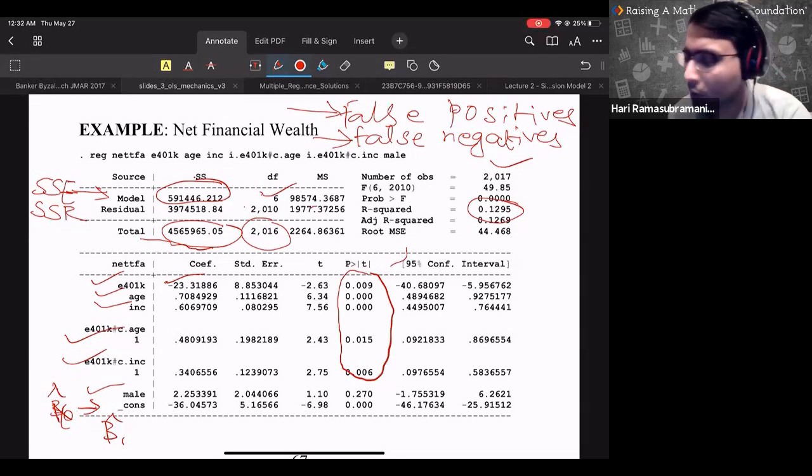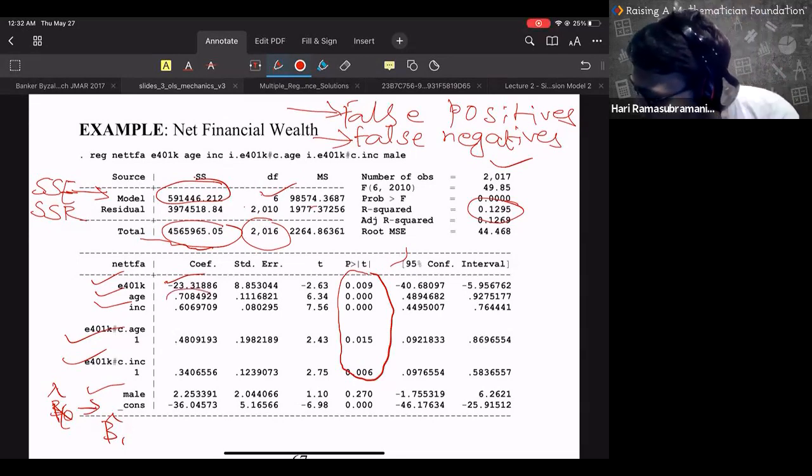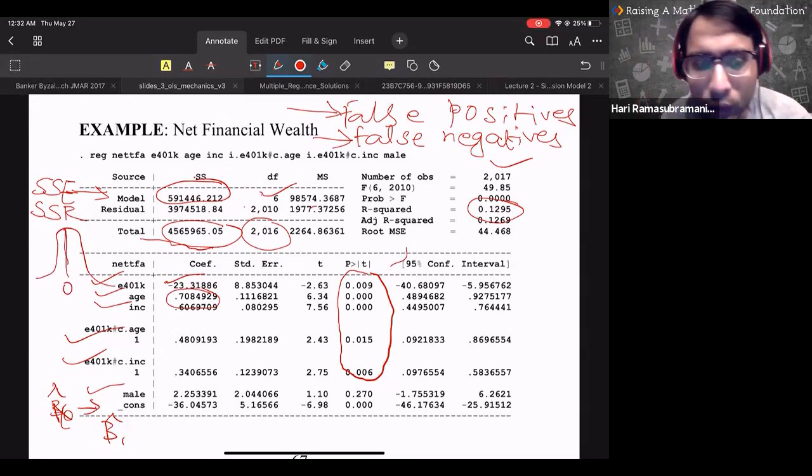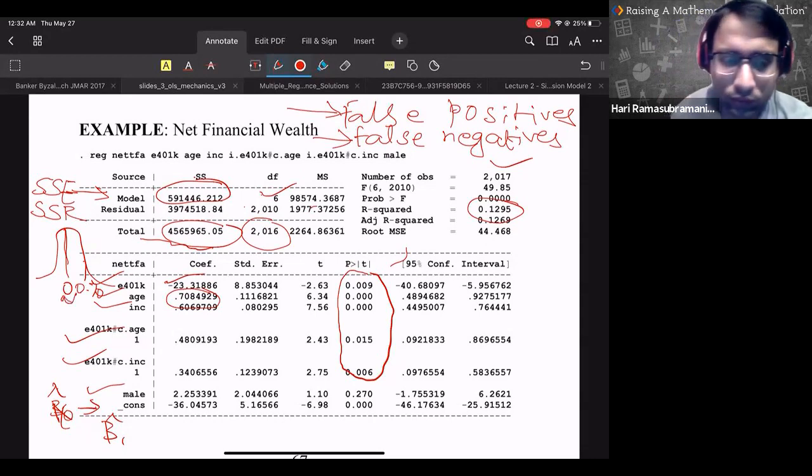So what is this number saying? The number is saying, suppose the mean of the distribution is 0, then how likely are you to have the coefficient greater than 0? So your coefficient is something like 0.7, and there is only 0.000 probability that this is actually equal to 0.